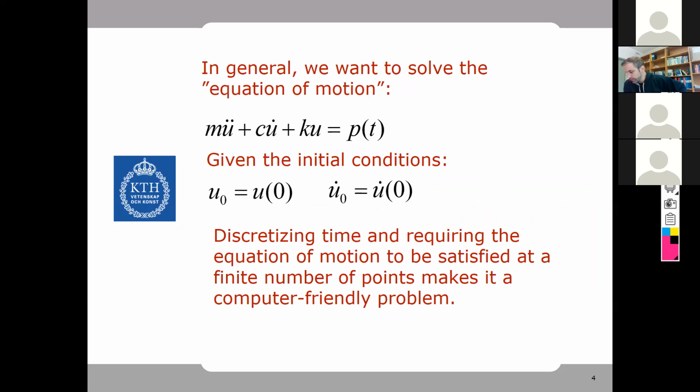Something that you should by now recognize is what is called the general equation of motion. All right. It's the one being shown here. We have a structure that has a mass given by m. It has a damping given by the damping constant c, and it has a stiffness, which is given by the stiffness k.